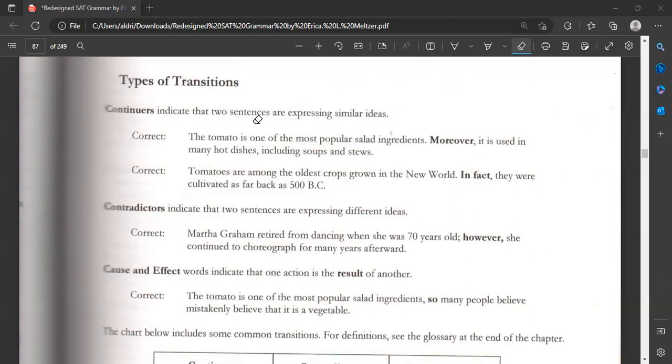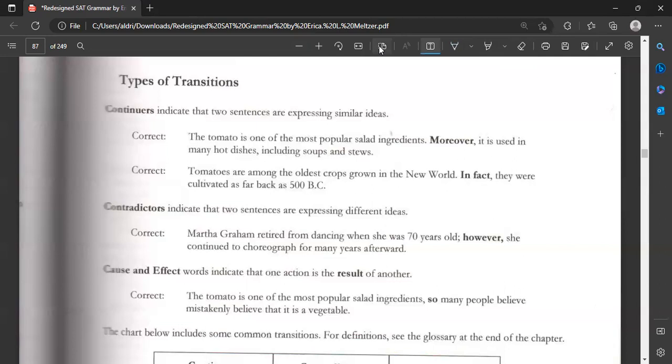So we have some examples here. The tomato is one of the most popular salad ingredients. Moreover, it is used in many hot dishes, including soups and stews. Okay, so that's continuing to express the same idea.